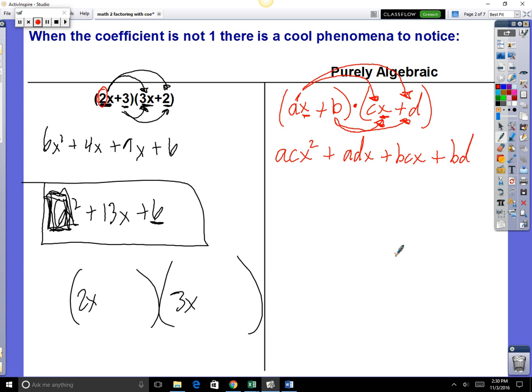Okay, now here is the cool phenomenon. I don't know how someone spotted this, but this is crazy.